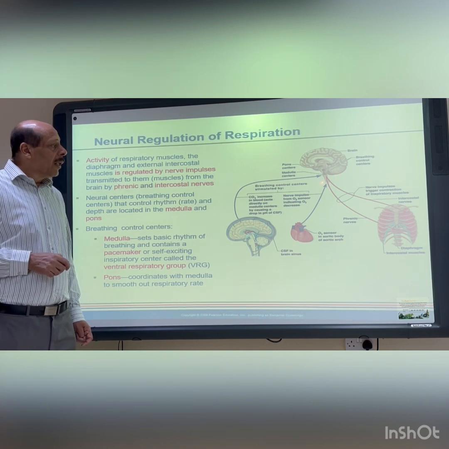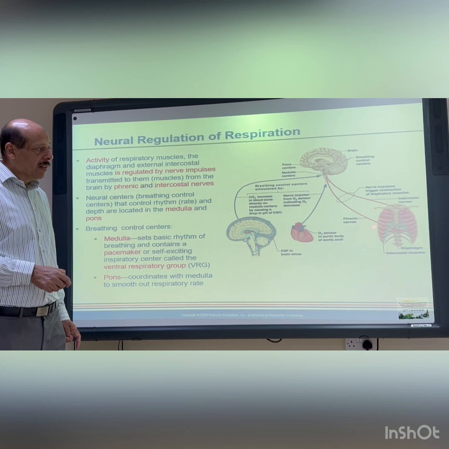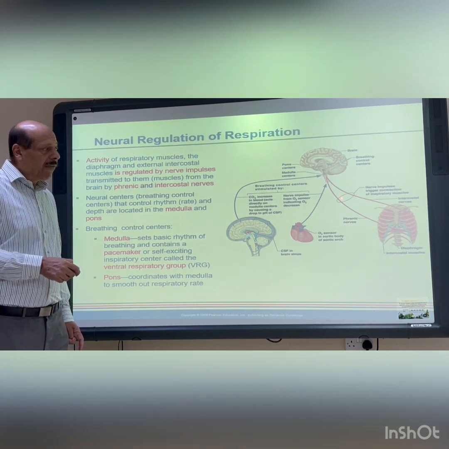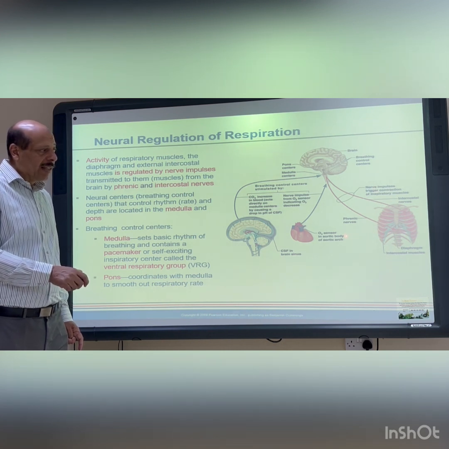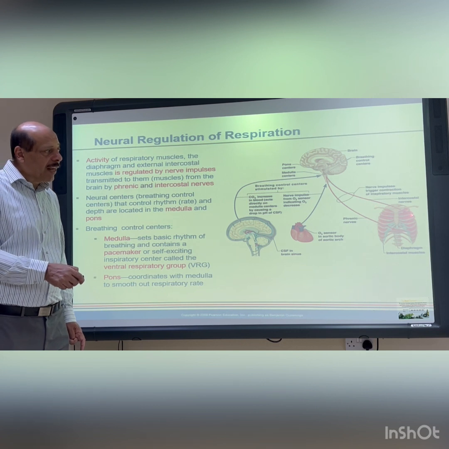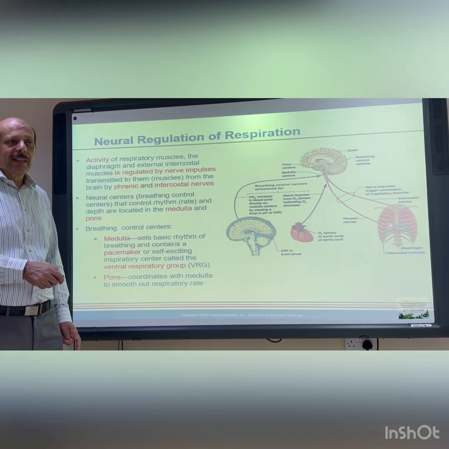Through two nerves, the phrenic nerve gives its stimuli to the diaphragm, and the intercostal nerve gives the stimulation to the intercostal muscles to contract and relax.